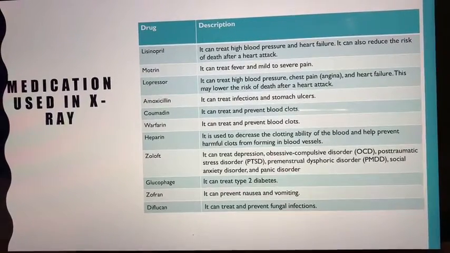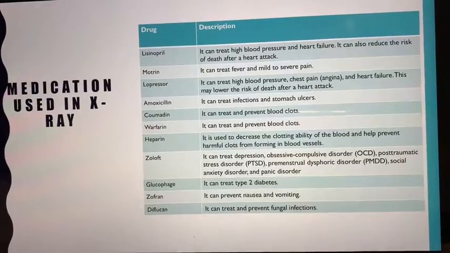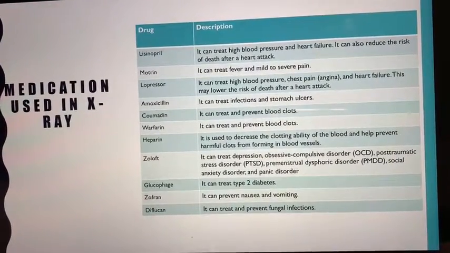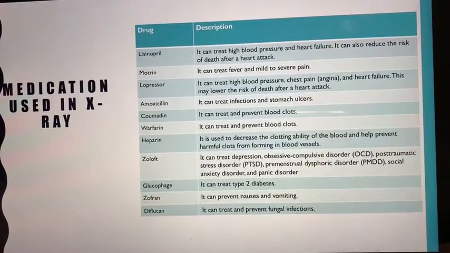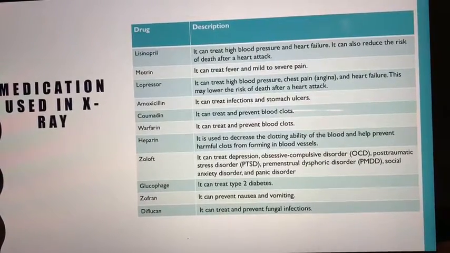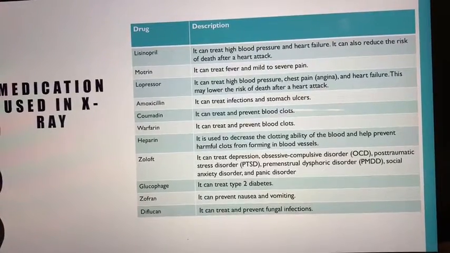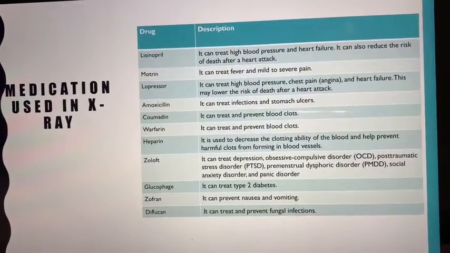Zoloft, it can treat depression, obsessive compulsive disorder, post-traumatic stress disorder, premenstrual dysphoric disorder, social anxiety disorder, and panic disorder. Glucophage, it can treat type 2 diabetes. Zofran, it can prevent nausea and vomiting. And Diflucan, it can prevent fungal infections.